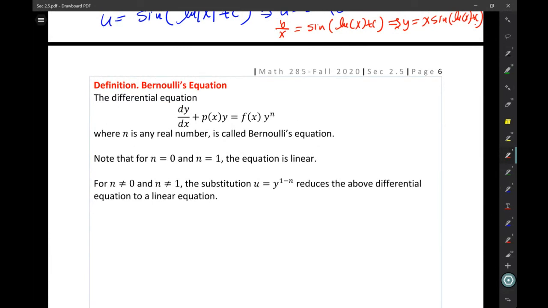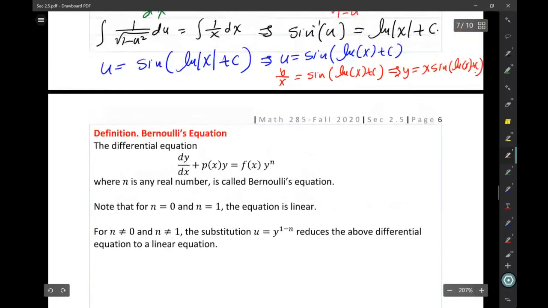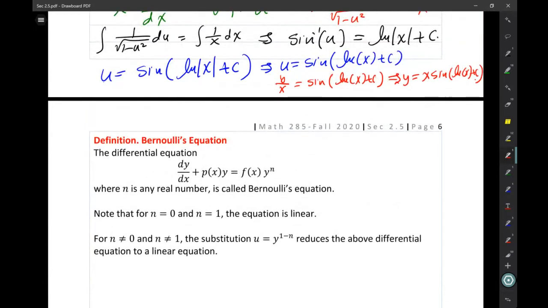Now we will go to the other type, which is the Bernoulli equation. Of course, this Bernoulli equation has its own special form.